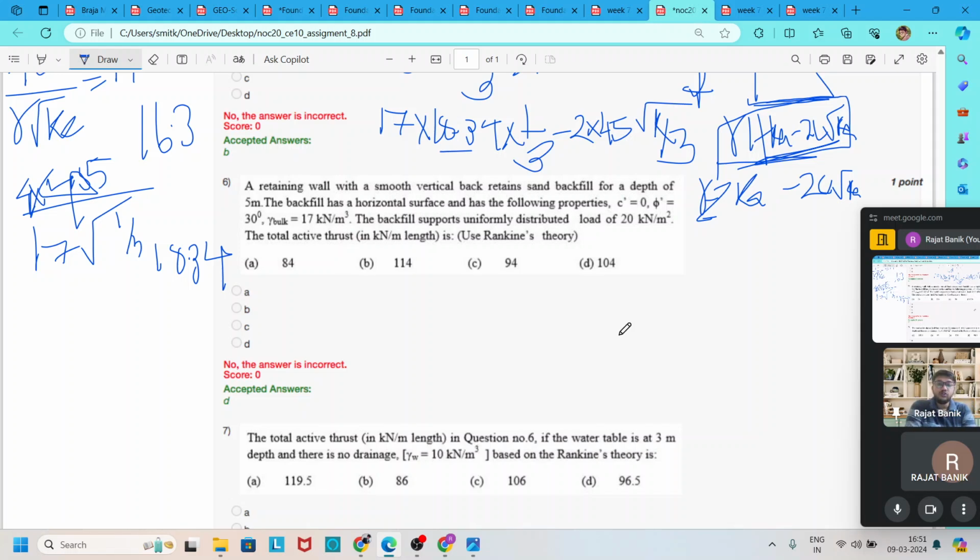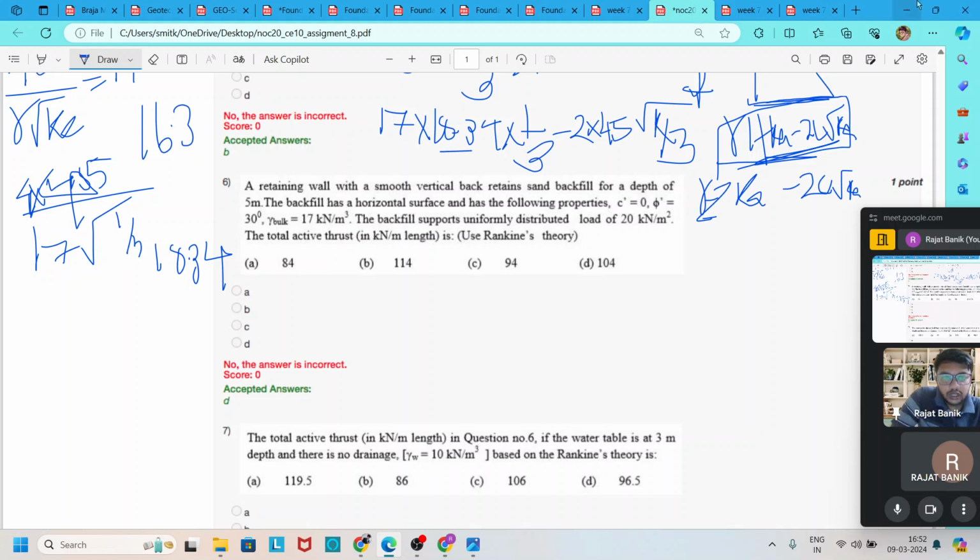The backfill supports a uniformly distributed load of 20 kN per meter square. The total active thrust in kilonewton per meter length is to be found. Use Rankine's theory. This question is a little bit tough, so go concept by concept.